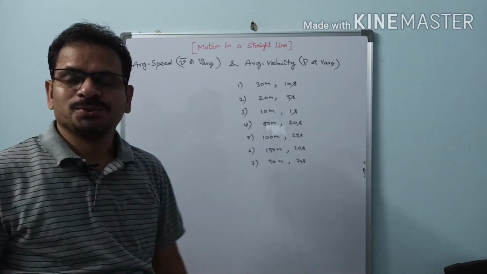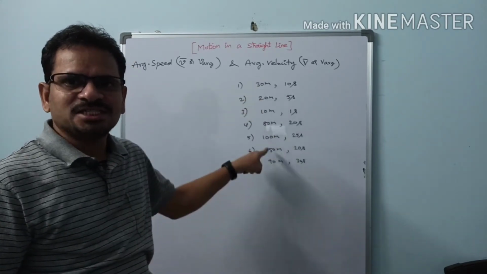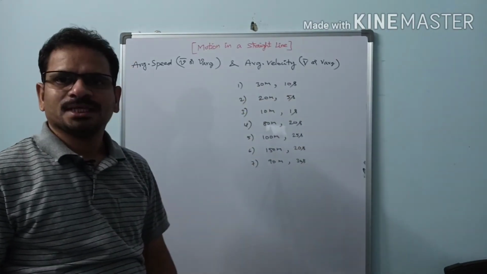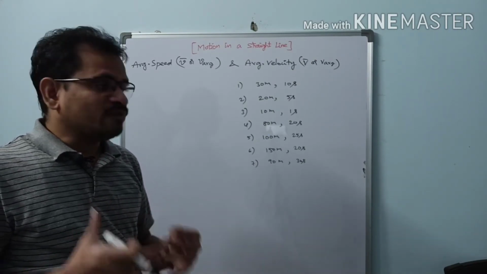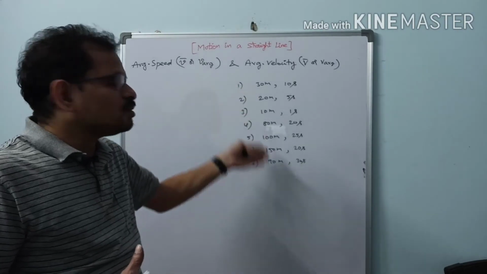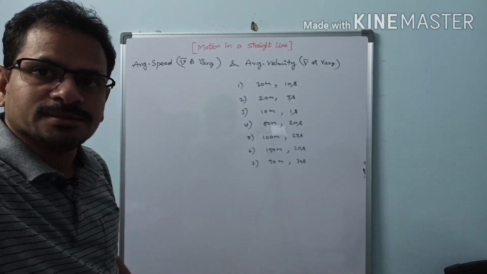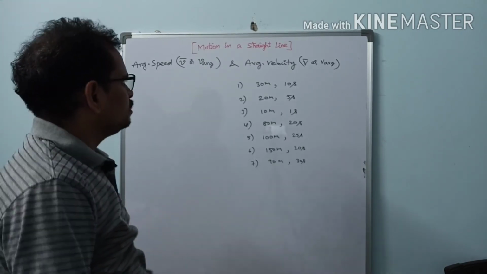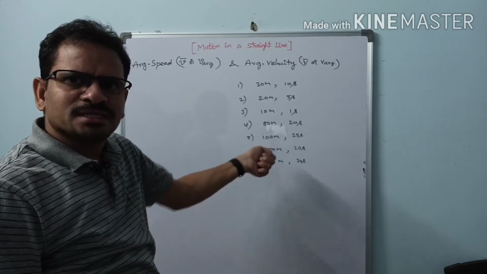Why? Because you have only two physical quantities here: distance and time interval. Using these two, it is not easy to find out which is faster and which is slower.